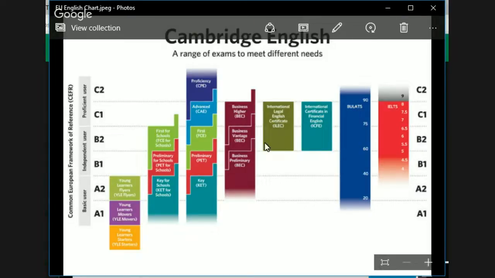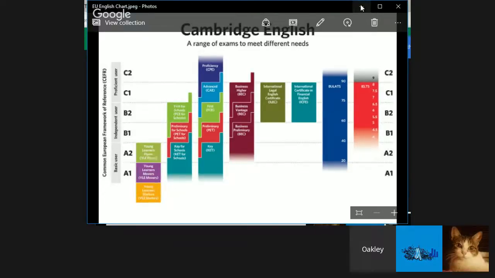As you become more proficient, then you might want to consider taking the CAE or very advanced CPE. You can see how it equivocates across the scale. The FCE, what we're doing today, is basically the equivalent to the 5.5 to 6.5 range in the IELTS test, which would be considered upper intermediate.